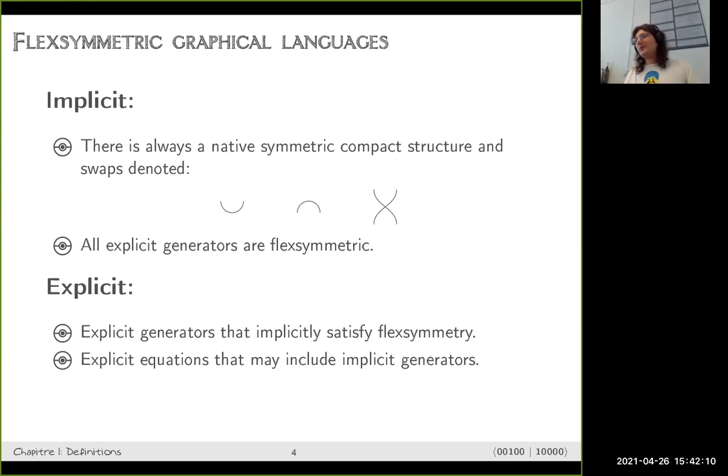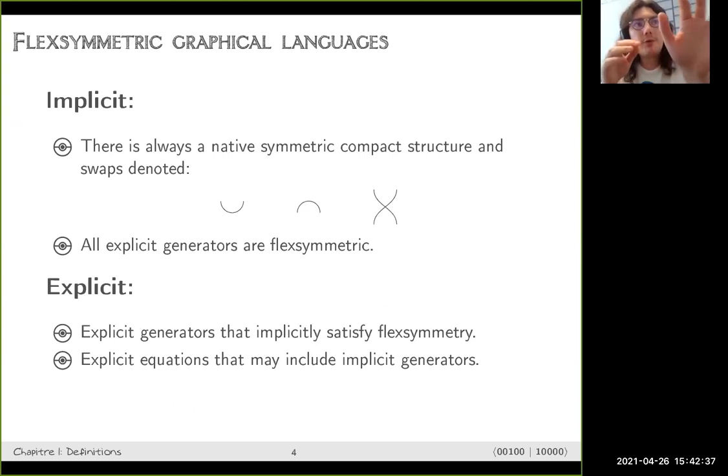So what does it mean for a language to be flexsymmetric? The idea is to organize your equations and generators between an implicit part and an explicit part. Implicitly, when I say flexsymmetric graphical language, I will always have some implicit generators, which are the cap and the swap. Okay, we're in a prop.